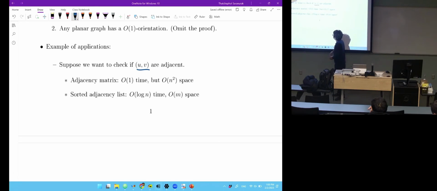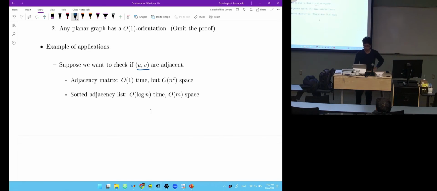And if you use an adjacency list, even a sorted one, the space is linear in the number of edges, which is nice. But to check this, you might still take log n time to do some binary search.